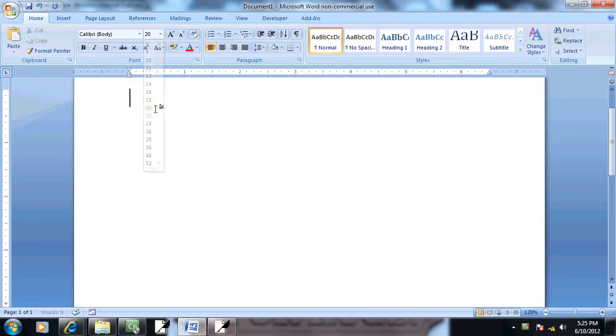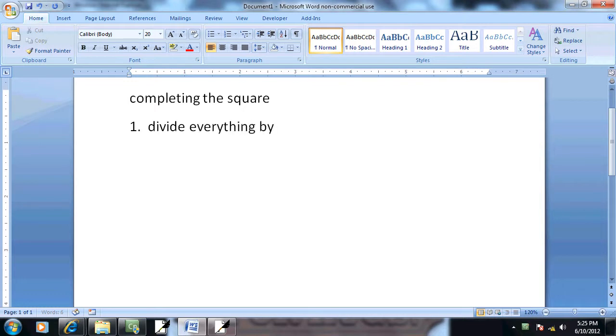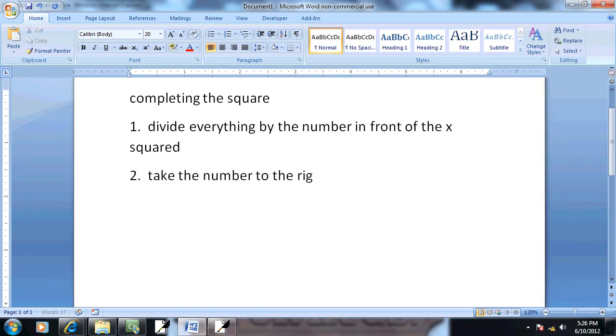This is completing the square, so let's refresh our memory on the steps. Step 1, divide everything by the number in front of the x squared. Step 2, take the constant term to the right side.